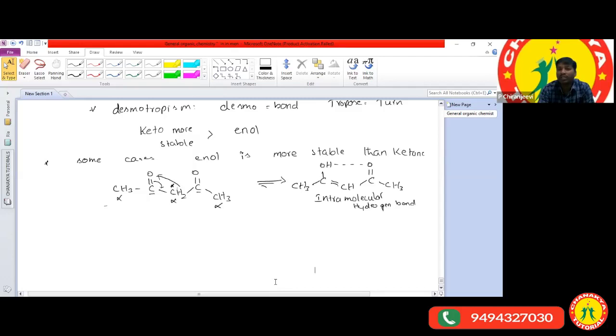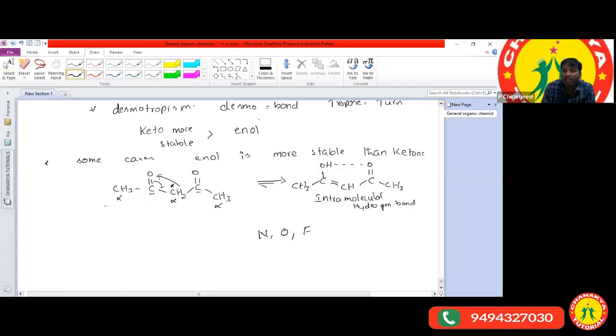So then what is meant by the hydrogen bond? A hydrogen bond is nothing but the weak electrostatic attraction force between a positively charged hydrogen atom and a highly electronegative atom. What are the electronegative atoms we take in the formation of hydrogen bonds? Only nitrogen, oxygen, and fluorine.